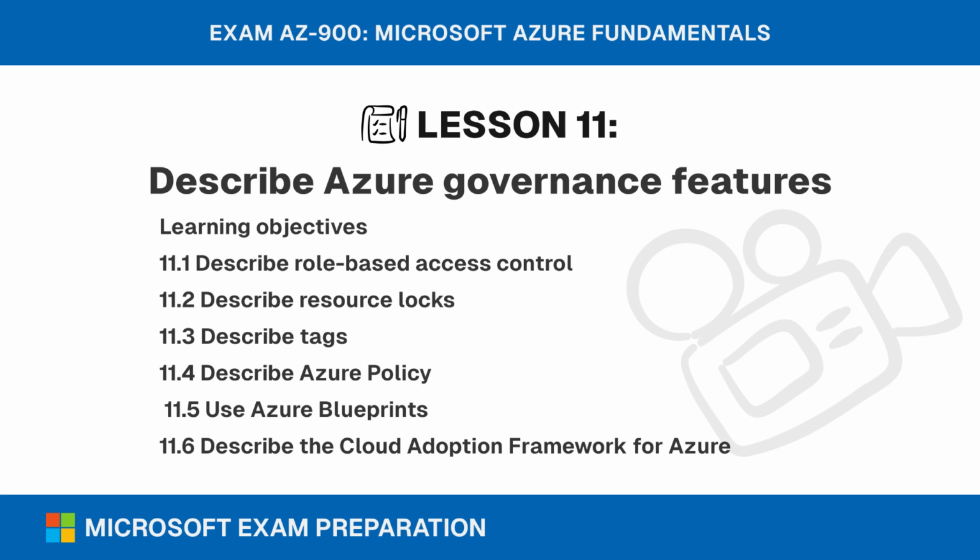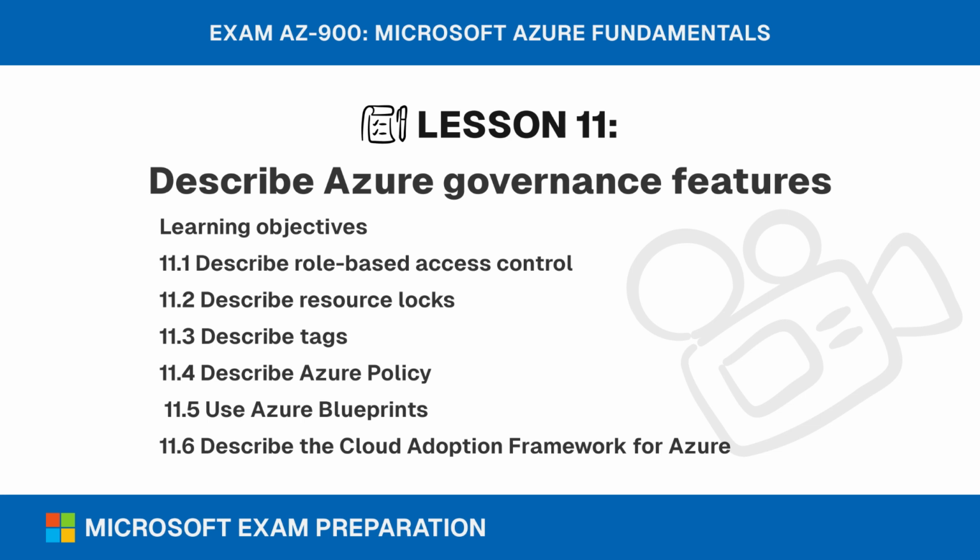Lesson 11, Describe Azure Governance Features. In this lesson, you'll learn about role-based access control and how you can use it to give others a specific level of access to your resources. You'll find out how you can use locks and how they can prevent others from changing or deleting resources.